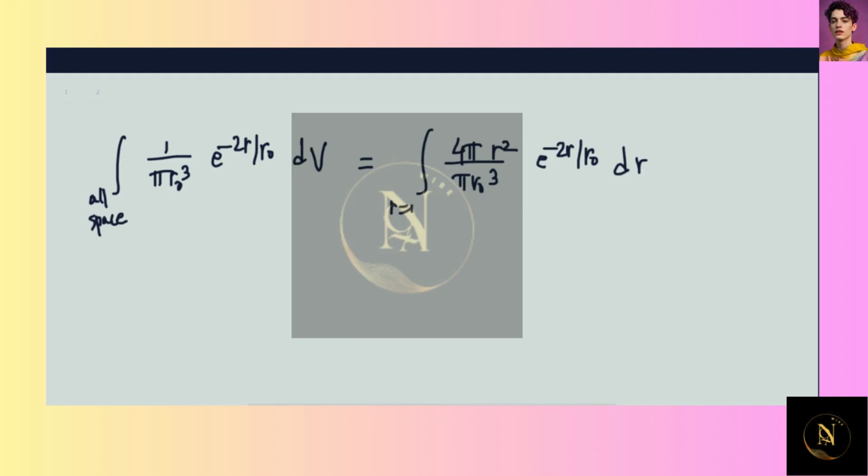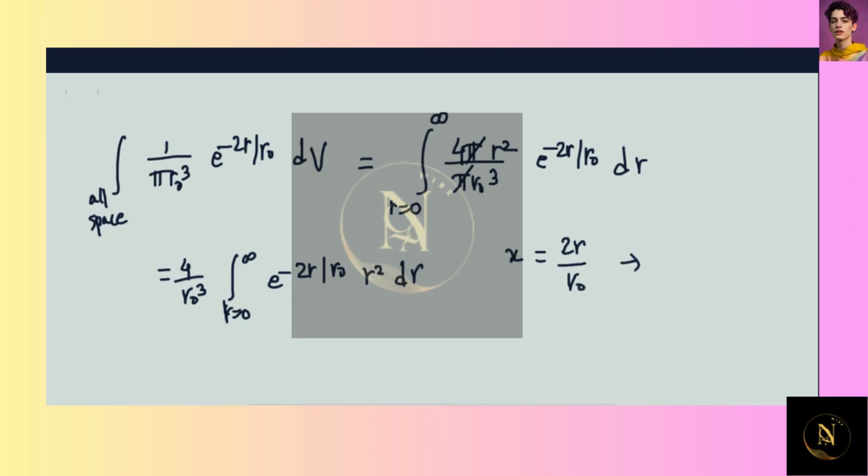Since we are integrating over all space, we go from r equal to 0 to r equal to infinity. So pi cancels, and we have the equation 4 over r naught cube, integration from r equals 0 to infinity, e to the power minus 2r over r naught, r square dr. Now this might look like a difficult problem, but it can be made easier if we substitute x for 2r over r naught.